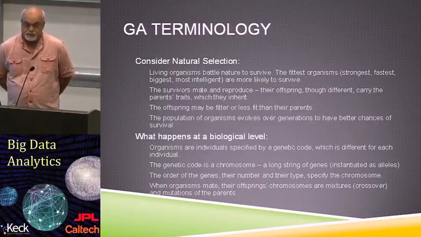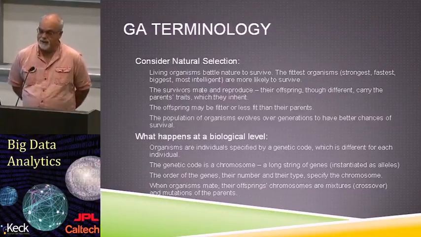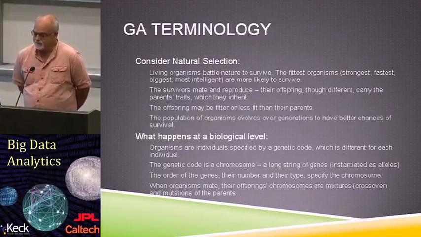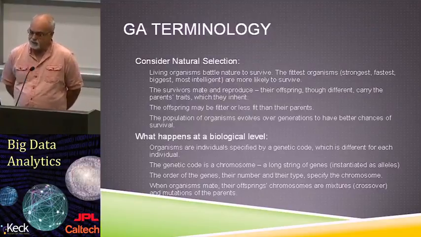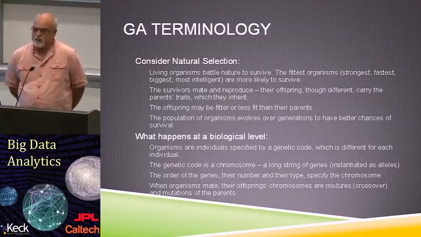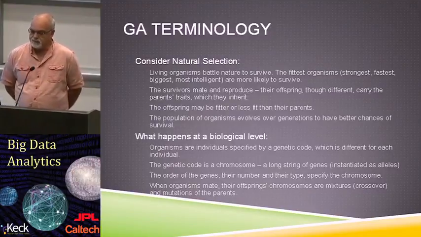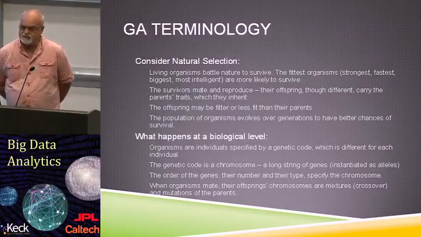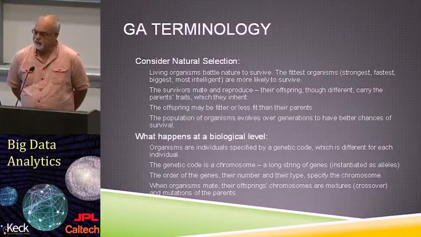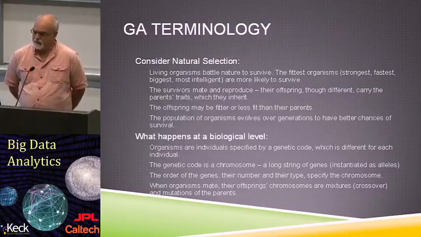Now, the genetic algorithm terminology is taken from natural selection and genetics. If we consider natural selection, we know that living organisms are constantly battling nature to survive. The fittest organisms, the strongest, the fastest, the biggest, or the most intelligent, or combinations of those, are the most likely to survive.